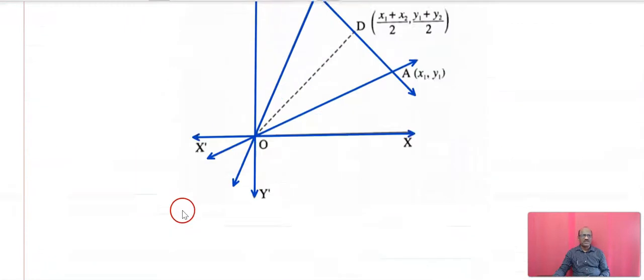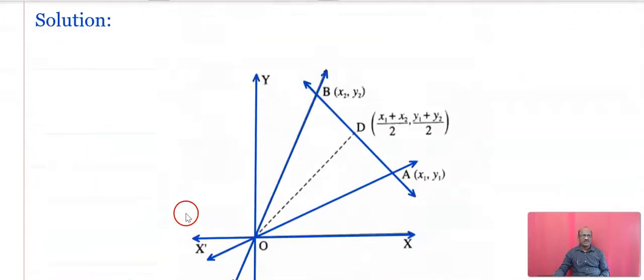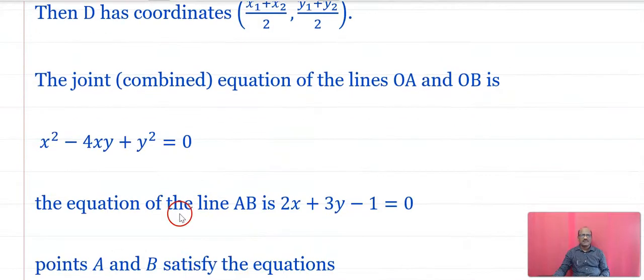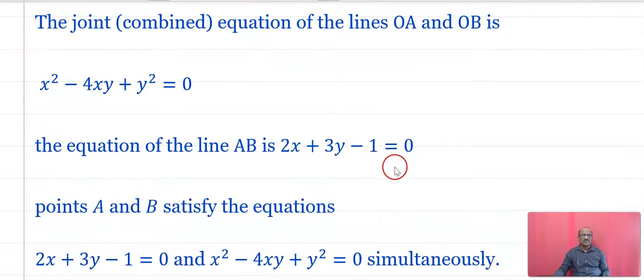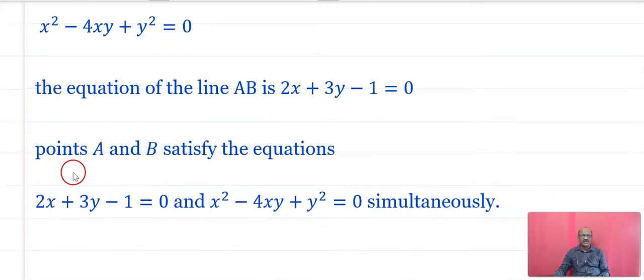that x square minus 4xy plus y square. The equation of the line AB is 2x plus 3y minus 1. This is AB, its equation. Okay. Points A and B satisfy the equation 2x plus 3y minus 1 equals 0 and x square minus 4xy plus y square equals 0 simultaneously.